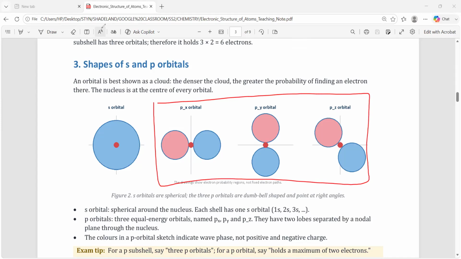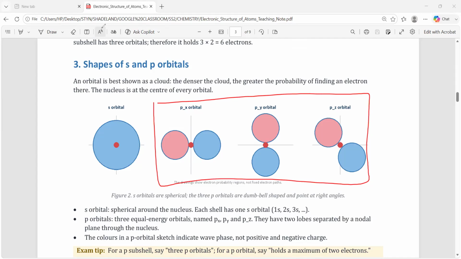The 3 of them are in the p subshell, but one of them is x, one is y, and the other is z. One is on the y-axis, the other is on the x-axis, the other is on the z-axis, if that makes it a little bit better. Okay? So this has a dumbbell shape. They have 2 lobes separated by a nodal plane through the nucleus.